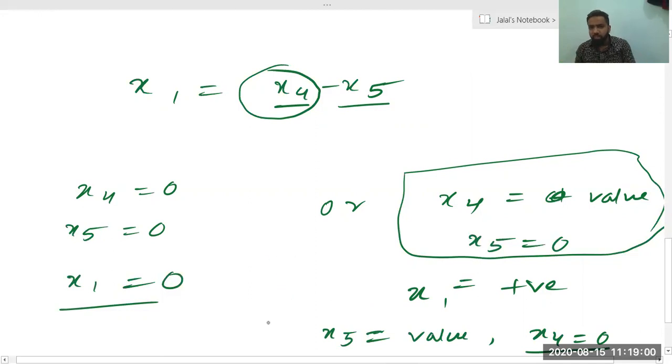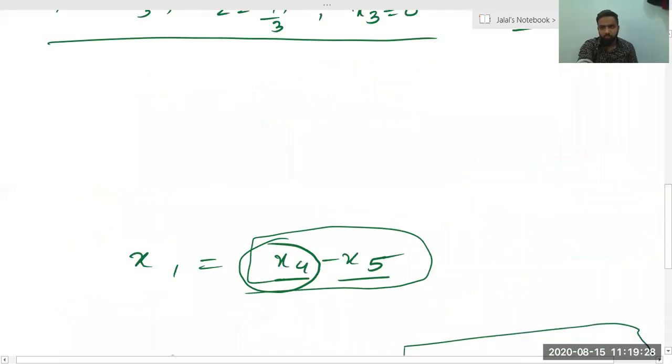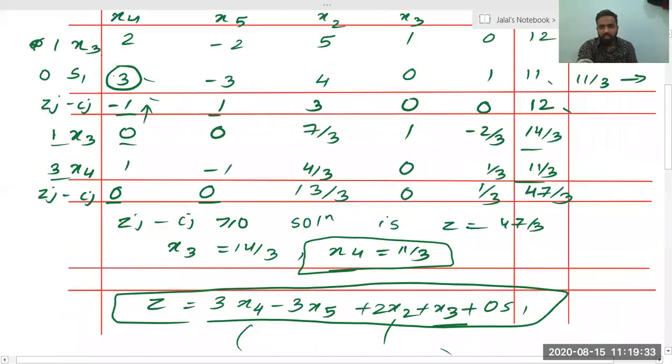That would mean x1 will be negative in this case, because what you are getting is x4 minus x5. In your syllabus, this case shall never arise. If it arises, it's well and good, you don't have to worry about it. So there are three cases. One is x4 can have value, another is x5 can have value, or both will be 0, which means x1 will be equal to 0. So positive, negative, and 0 are all considered.